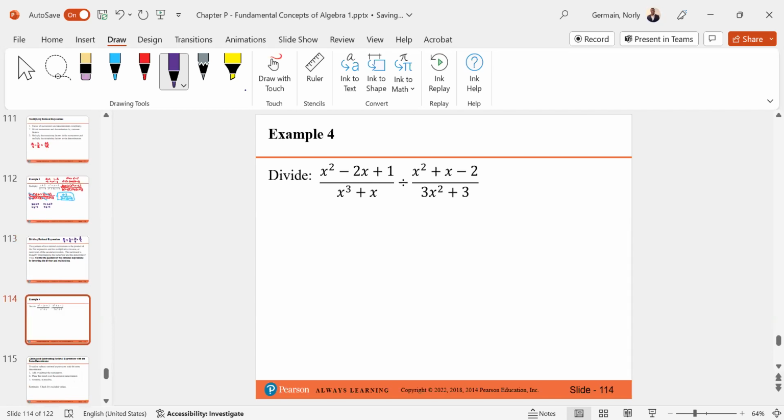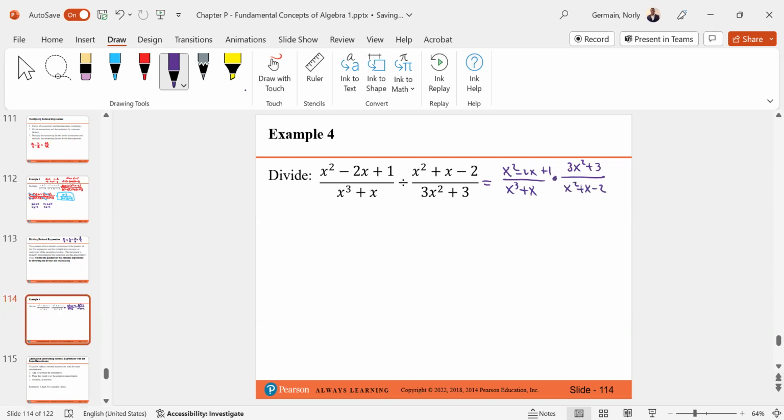Let's try that example. The first thing to do is keep the first one as is, x squared minus 2x plus 1 over x cubed plus x. Now flip the second one, but change the sign in the middle. So we have 3x squared plus 3 over x squared plus x minus 2.